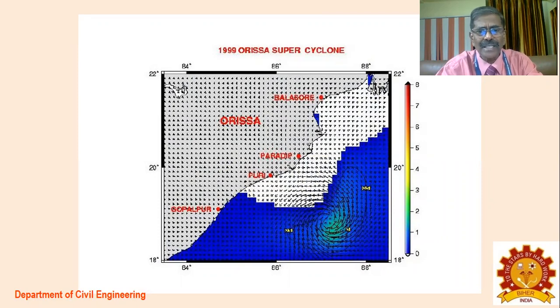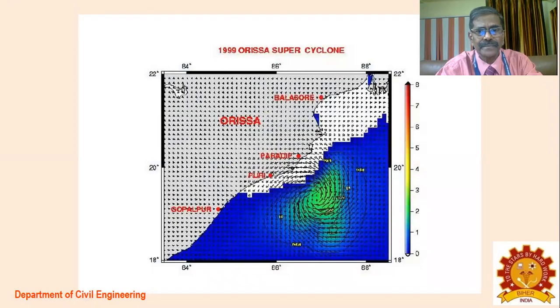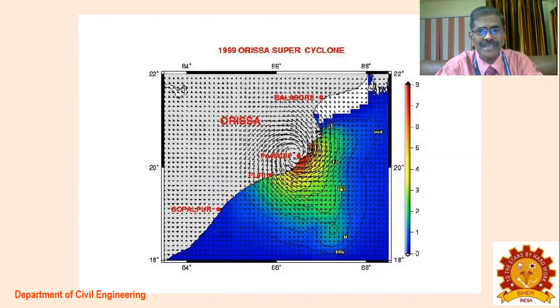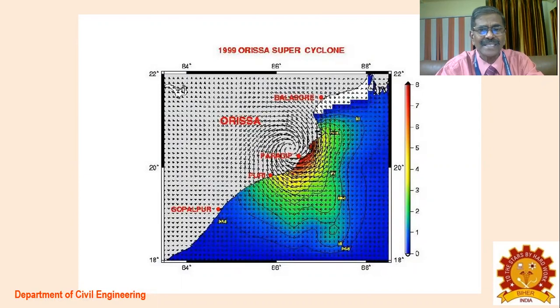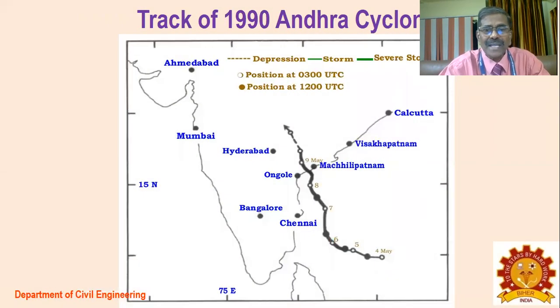If you look at it, it slowly goes, and that is how the path is idealized and identified by the finite element analysis. It slowly crosses and touches the land, with high wind and high tide going across the land.